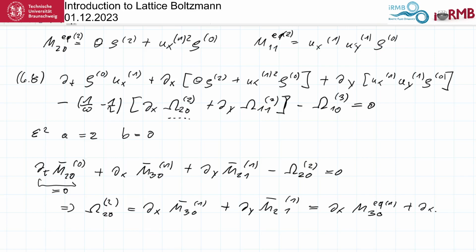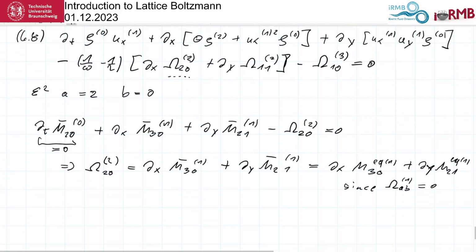And the reason why we can replace it by the equilibrium, so this is supposed to be y, m21 equilibrium first order, is that, because the change of omega to first order, we have identified this is 0. So this will now disappear.